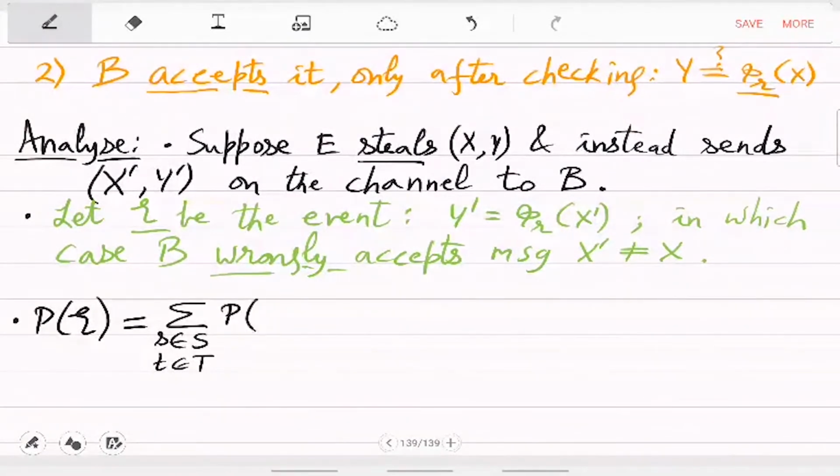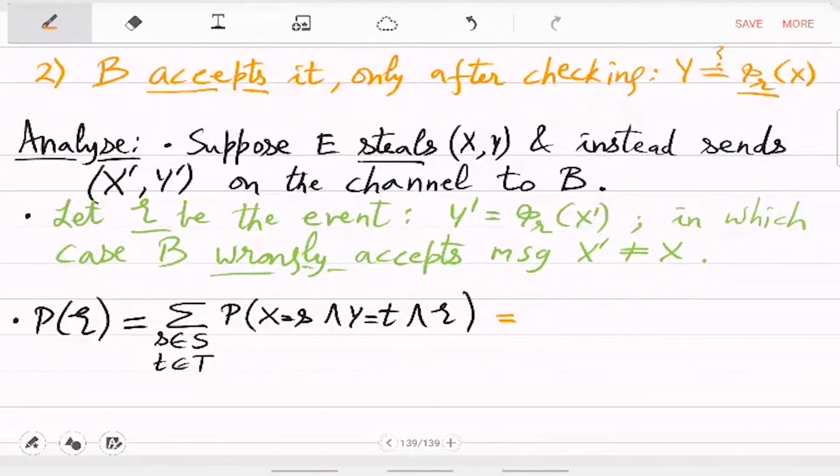S was the correct message that A wanted to send, and its image. Message is S, signature is T, and the bad event happened. So what is that? We are basically summing over all these bad situations.